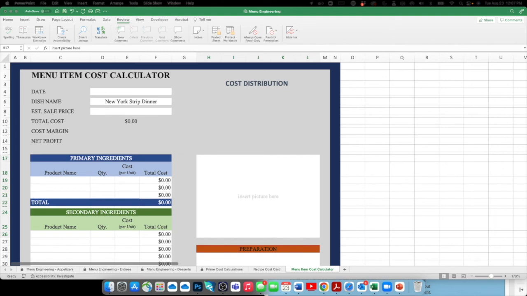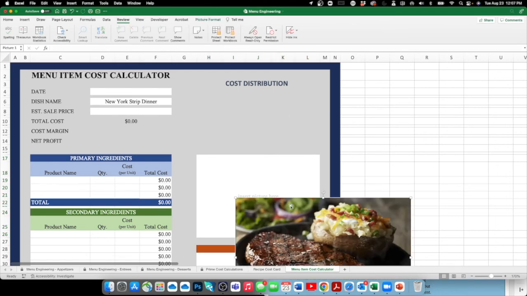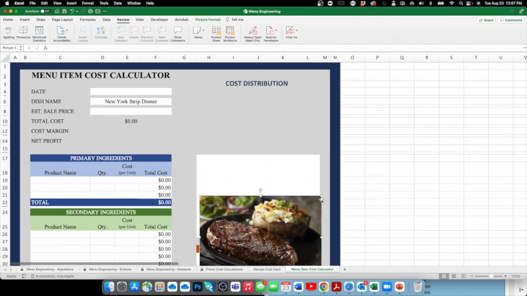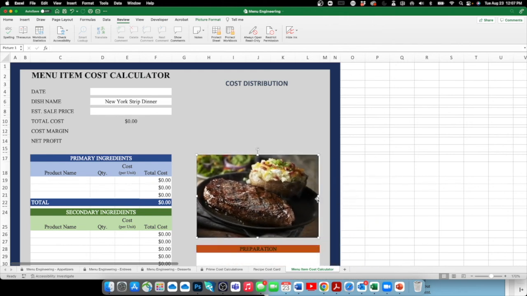I'm going to take a picture and I'm going to insert it right in there. Now I've got a picture inserted in there. This is my picture that I would have for it. It's a good picture. I like that picture. So this is what's going on the plate.